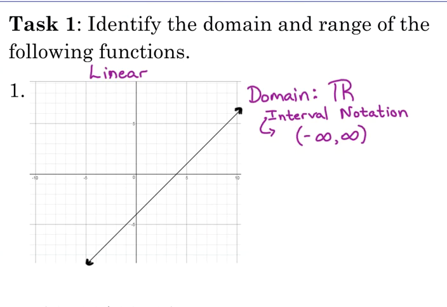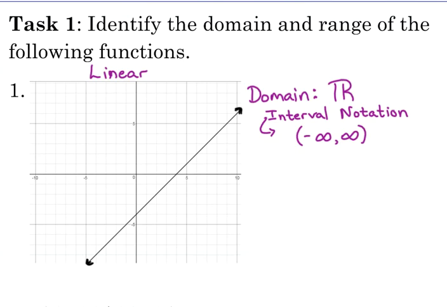So what this interval notation says is that, since I'm talking about my domain, my x values can be anything from negative infinity, so the biggest negative number that we can think of, to positive infinity, the biggest positive number that we can think of. I can plug anything into this function and I will get out an answer. Okay, so that's the interval notation for all real numbers.